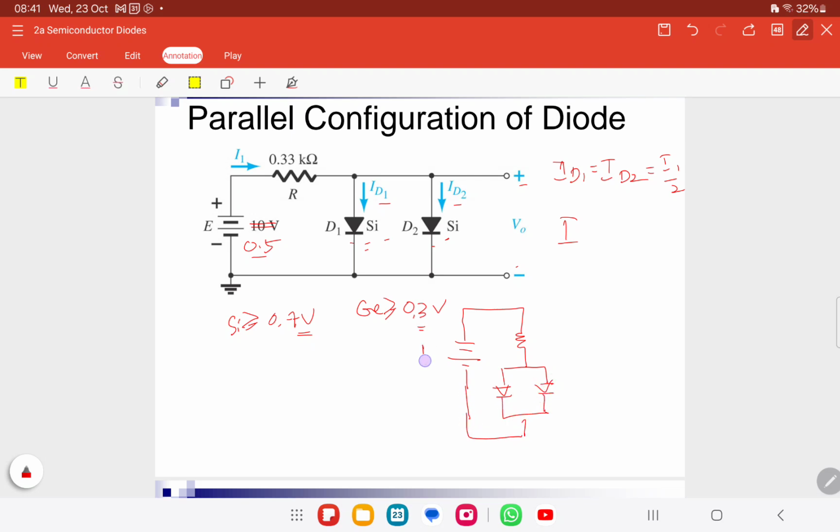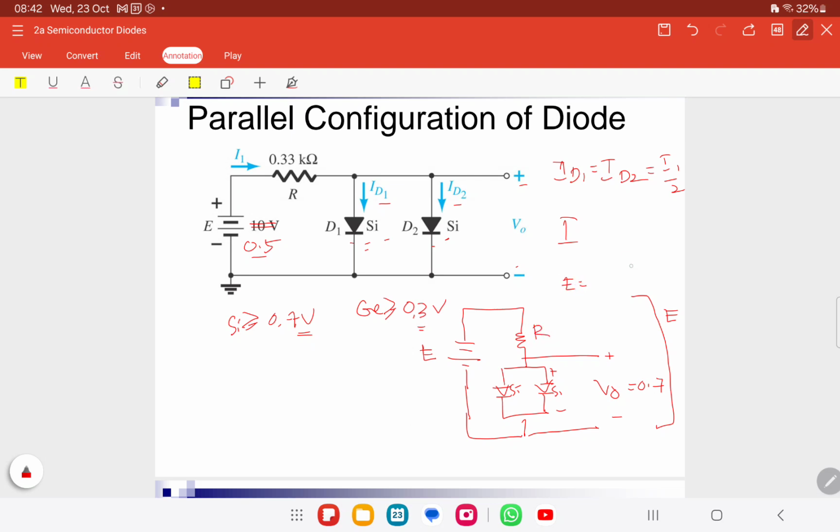Kalau saya lukis macam ni, so V out is actually at this point, ataupun sama dengan value ni, equals to 0.7. Dia tak sama dengan E dia ambil dari atas, dia ada the resistor kat atas ni.